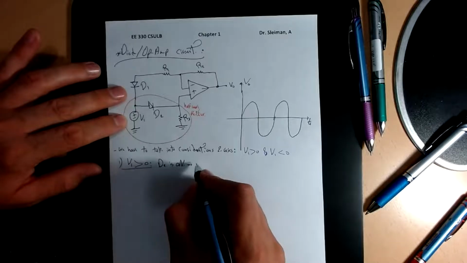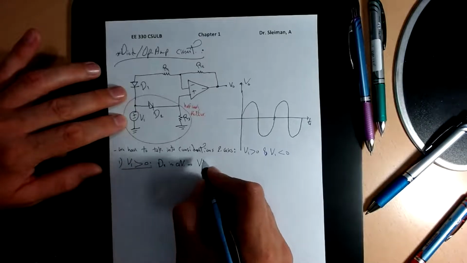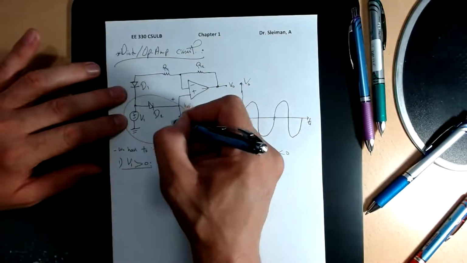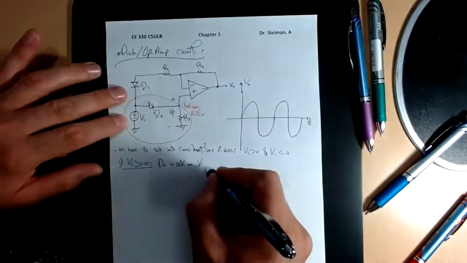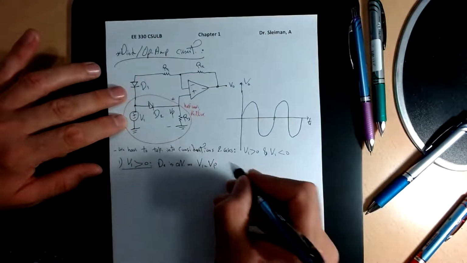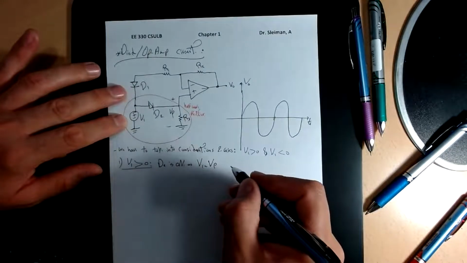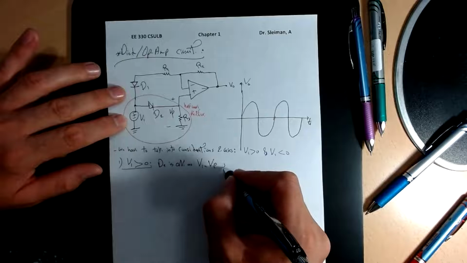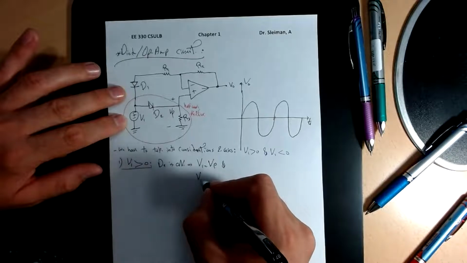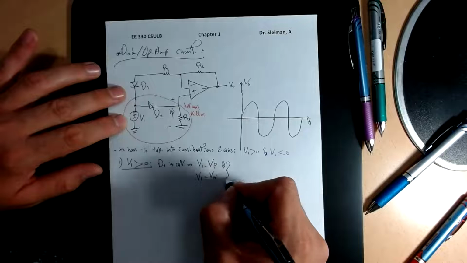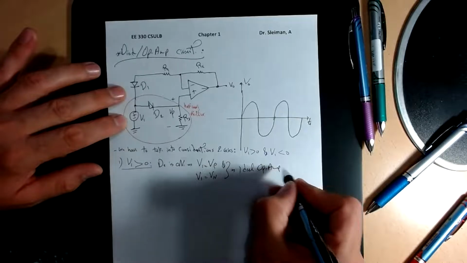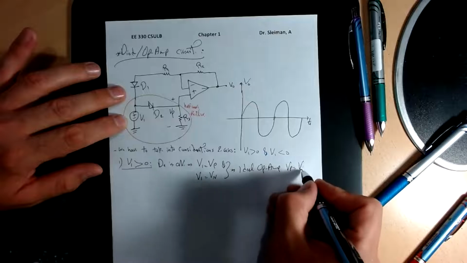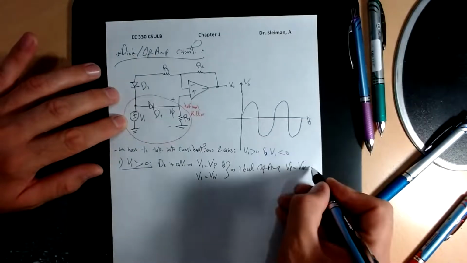That means V1 is equal to Vp, and also V1 is equal to Vn. Why? Because it's an ideal op-amp, Vp is equal to Vn is equal to 0.